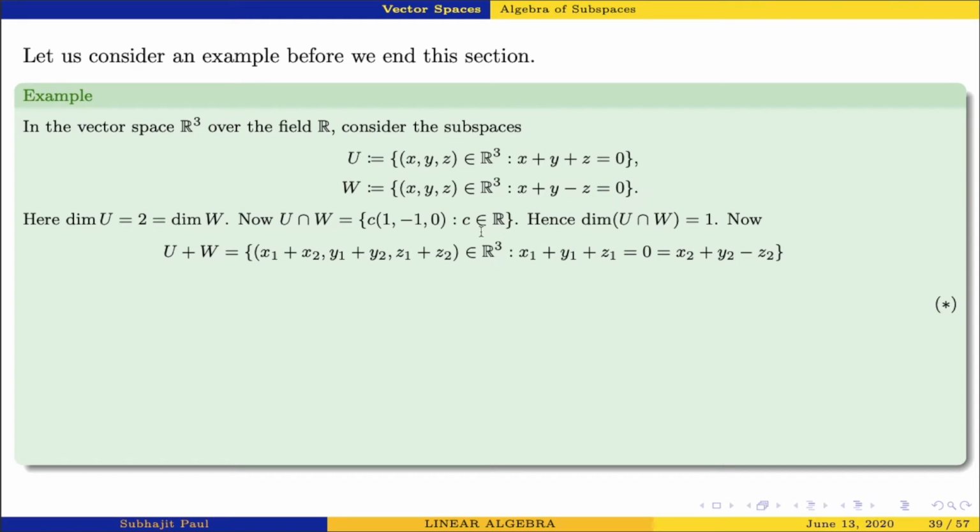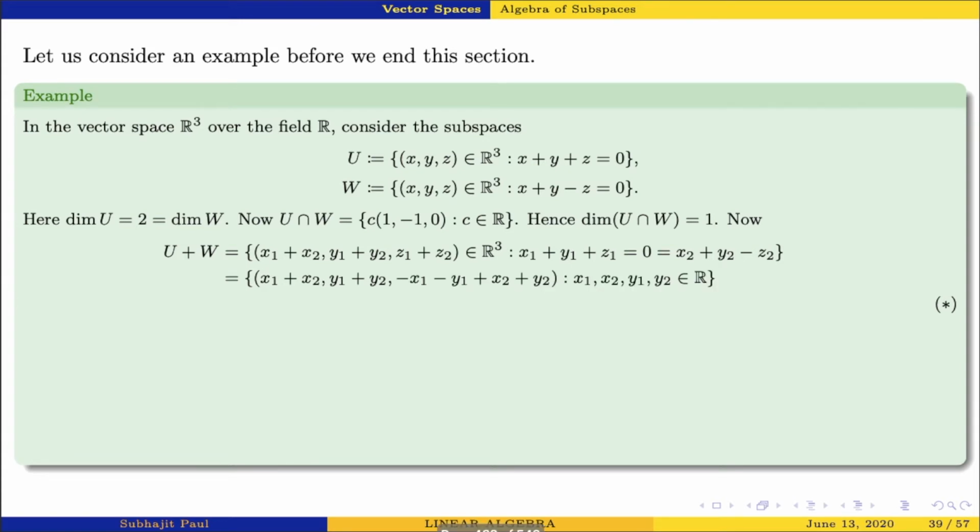So U plus W will be the sum of two elements from U and W: (x1 plus x2, y1 plus y2, z1 plus z2), where the point (x1, y1, z1) is coming from U and the point (x2, y2, z2) is coming from W. Therefore x1 plus y1 plus z1 should be 0 and x2 plus y2 minus z2 will also be 0. So this is my description of U plus W.